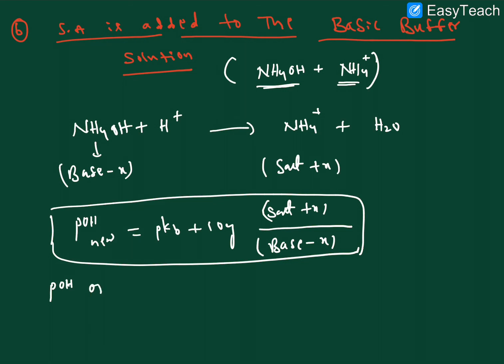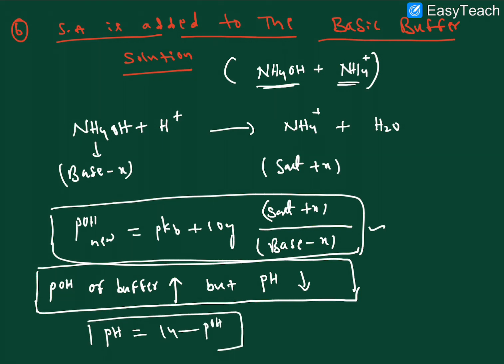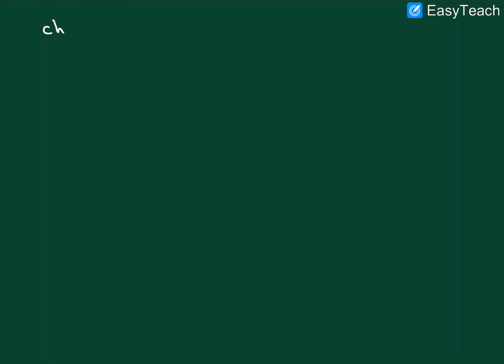So pOH increases but pH decreases. pOH increases and pH decreases. What is the pH formula? pH is equal to 14 minus pOH. That is well known, right?